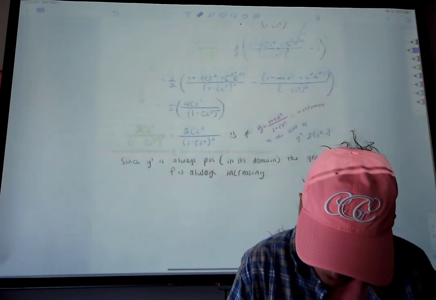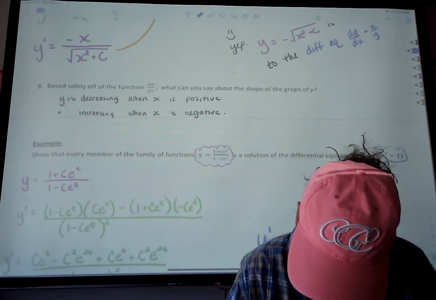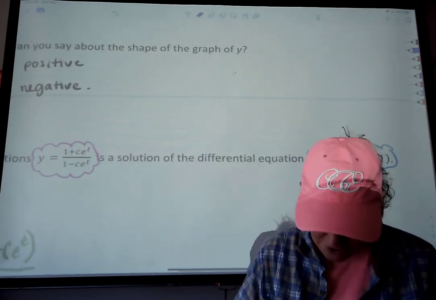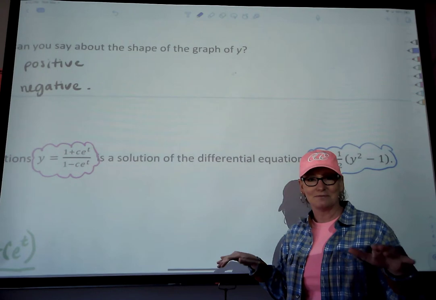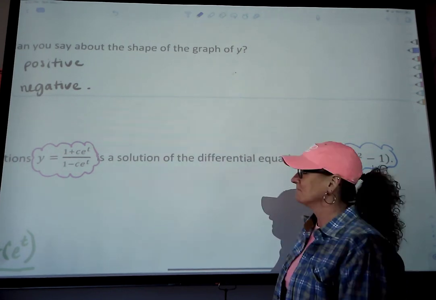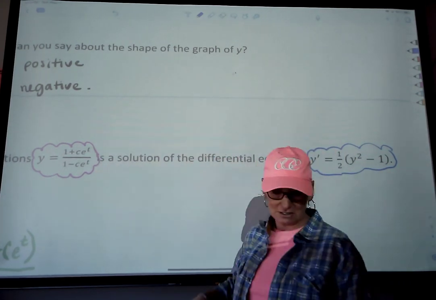I mean, who knew? Really, look back up here. Who knew? Those two things do not look related at all. But that's a solution to this differential equation.